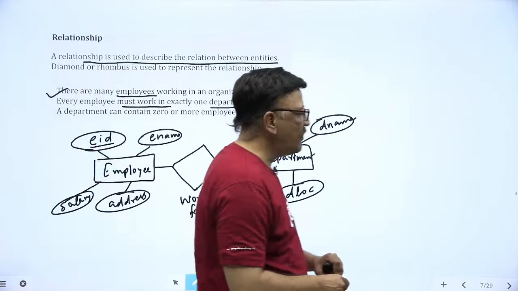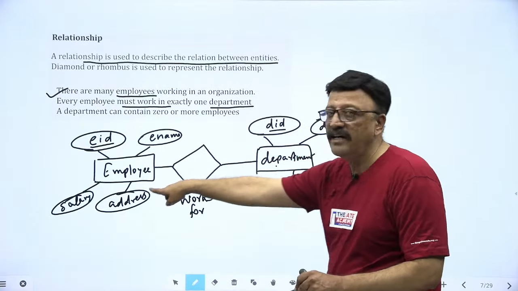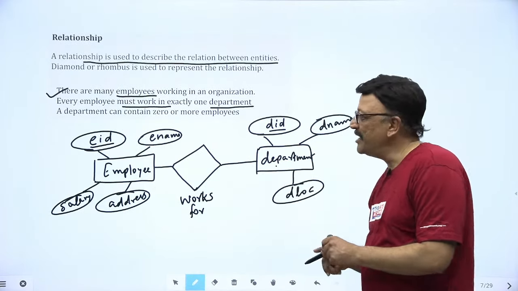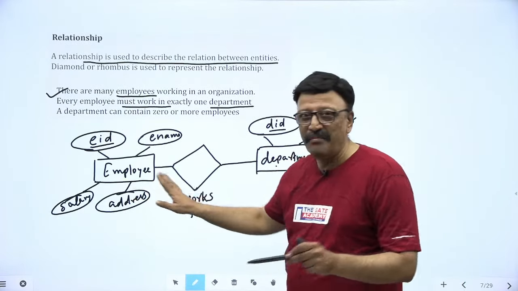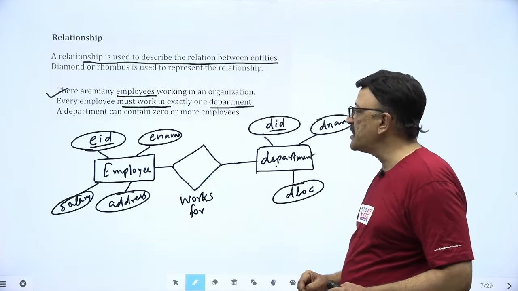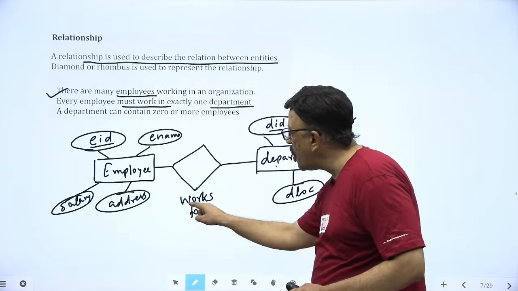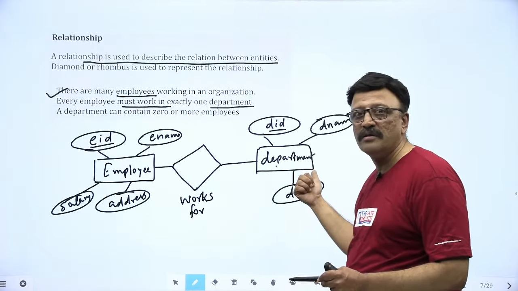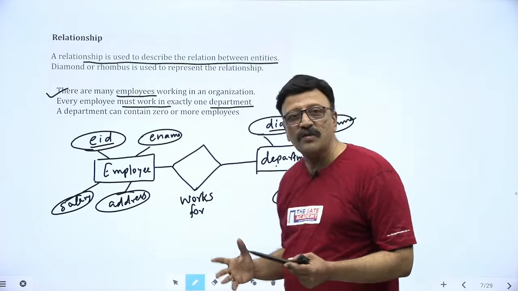What if I would have shown department on this side and employee on this side? Would it make some difference? I'm not erasing, just asking. If this was department and this was employee, obviously we will say department employs, or hires, employees. But then still works for doesn't change.